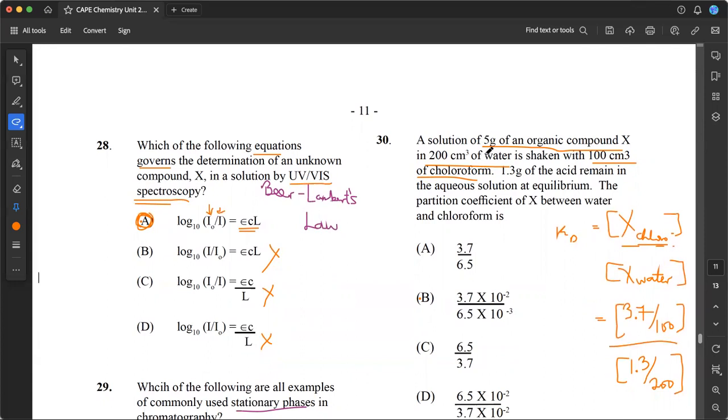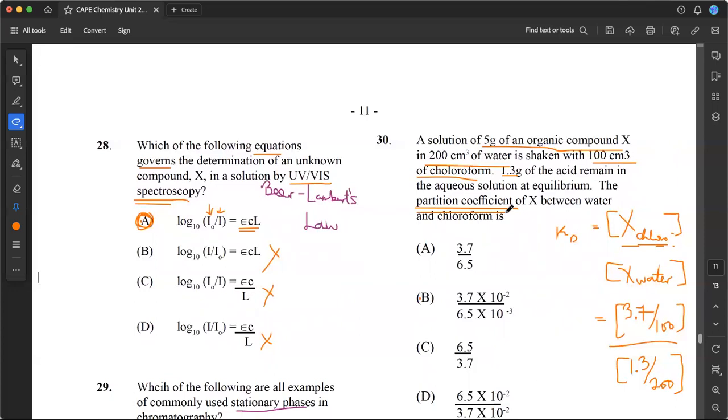Then when we do that shaking, we're going to find that there's 1.3 grams of acid remaining in the aqueous solution at equilibrium. And then they're asking us now to find the partition coefficient of X between water and chloroform, right?